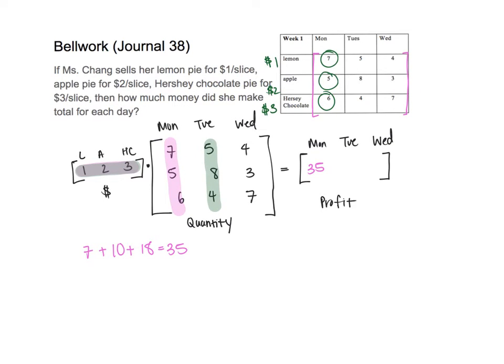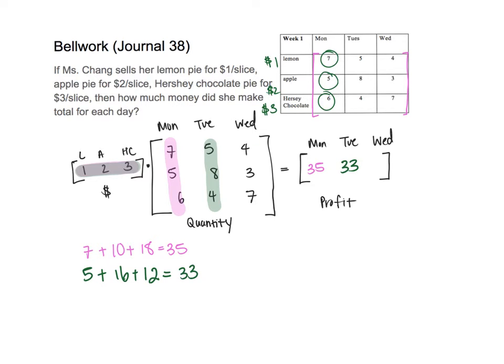I'm going to multiply my $1 with 5 lemon pies, which is $5, plus $2 times 8 apple pies is $16, plus $3 times 4 Hershey chocolates is 12. When I add this all up, 5 plus 16 is 21, plus 12, that's $33 for Tuesday.